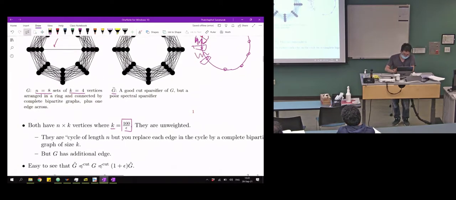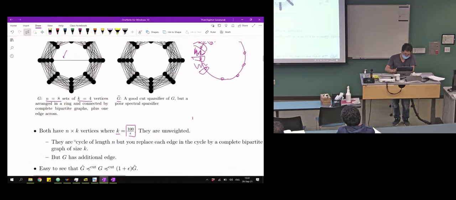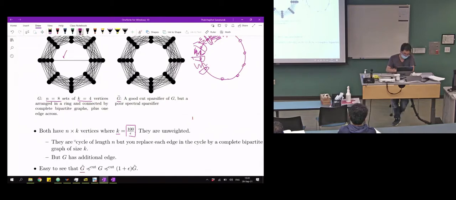And now you can see just from the picture that for every cut in G tilde and G, they are of the same size. It can be off just by 1 here, but it will be within 1 plus epsilon factor.